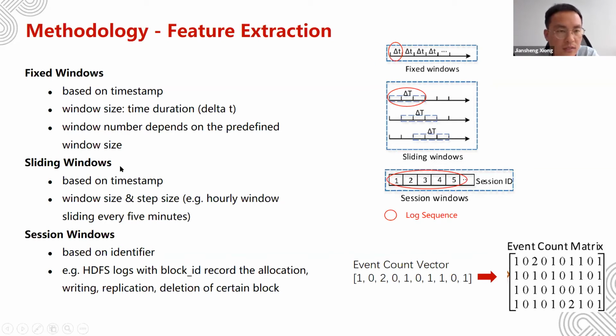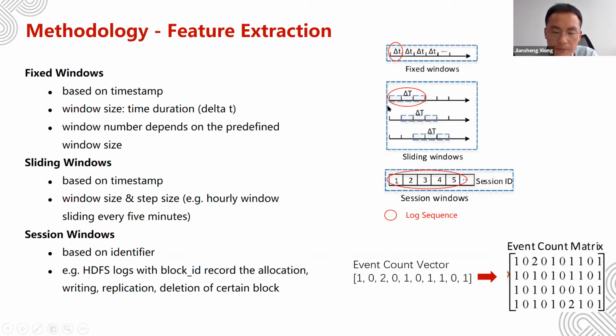And then let's see sliding windows. Different from fixed windows, sliding windows consist of 2 attributes: window size and step size. For example, hourly windows sliding every 5 minutes. In general, step size is smaller than window size, therefore causing the overlap of different windows.